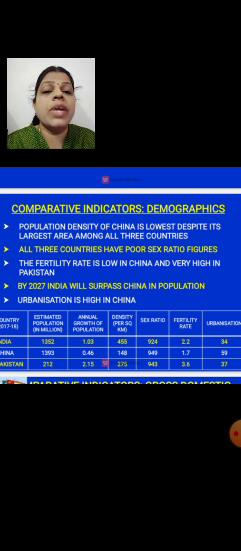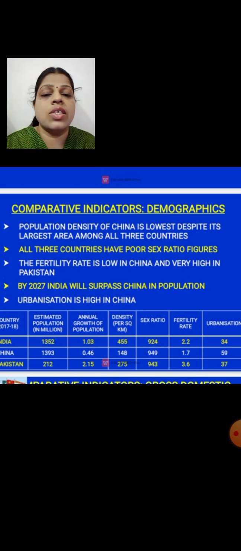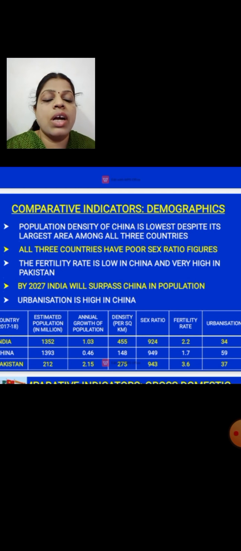And the urbanization process. Urbanization means, yes, changing the lifestyles to what? In urban areas. I told you about the migration of the people from the rural to the urban areas. So their lifestyles completely change to this urban way of life. So that is actually the process of urbanization. And if we compare the various figures, we can see that it is very high in China.